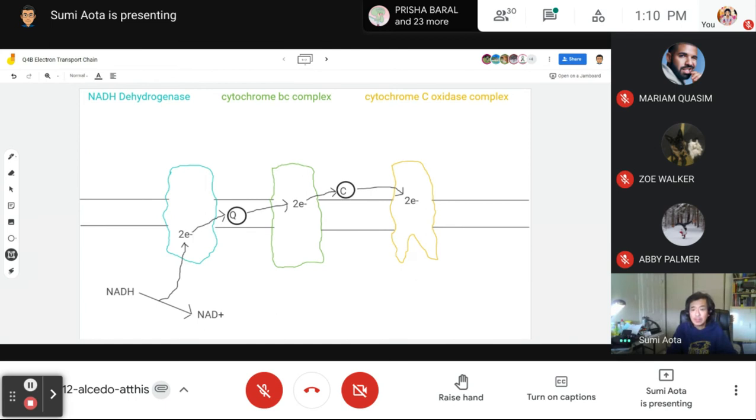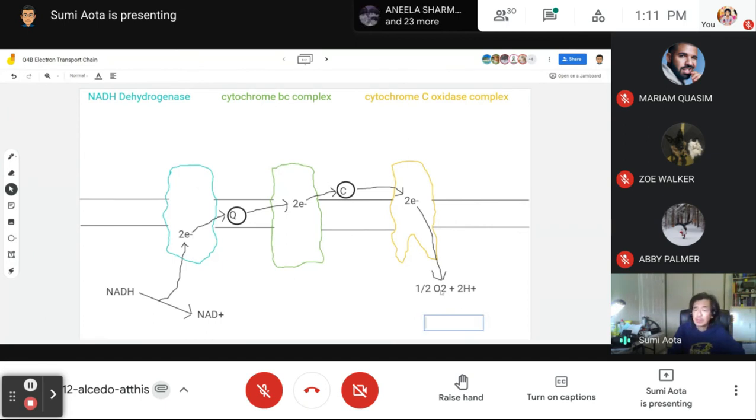oxygen. So what's going to happen is you're going to have half an oxygen molecule and two hydrogen ions that get picked up from the matrix, okay, are going to pick up the electrons, okay, and what are we going to produce then here?